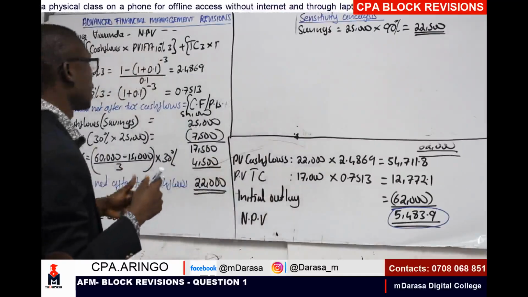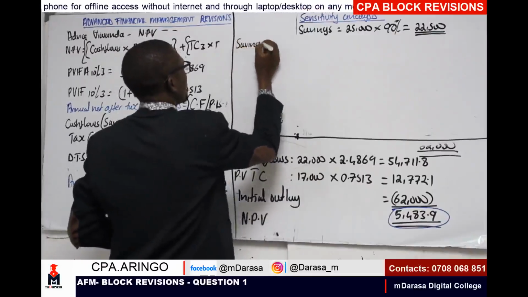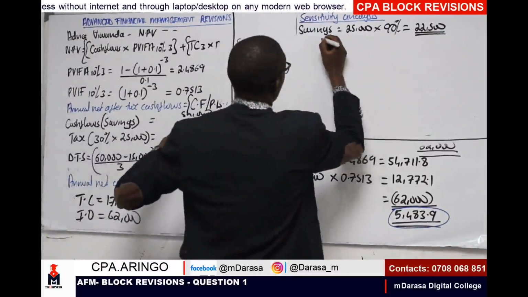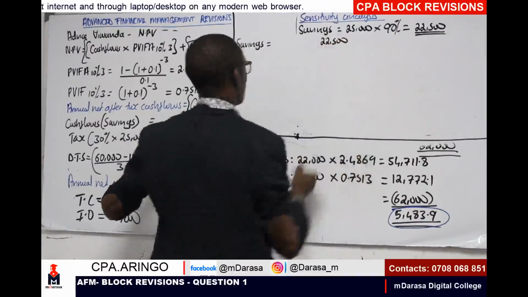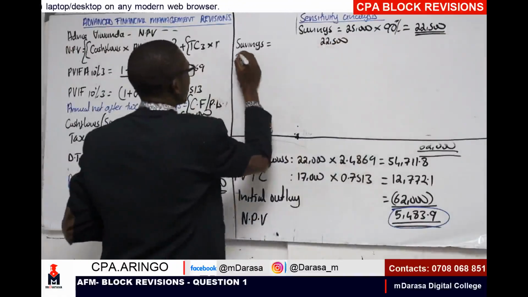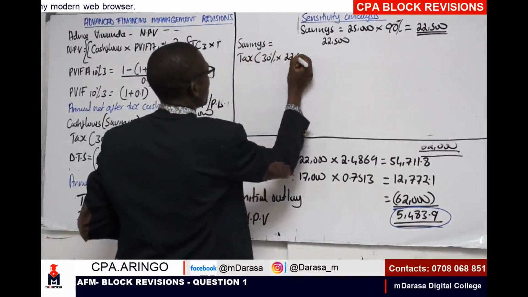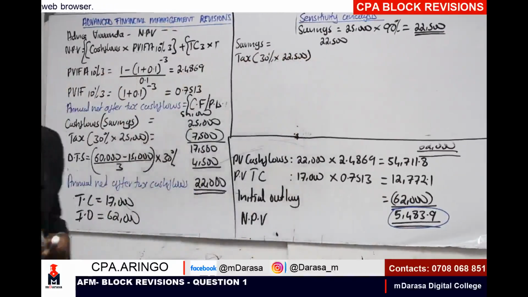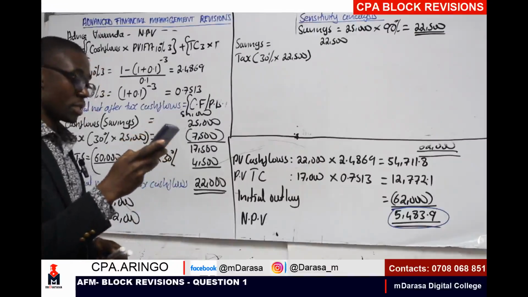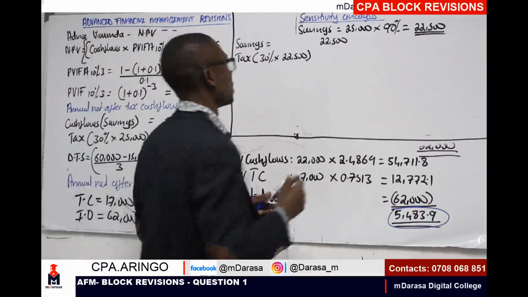So the same concept will apply. Our savings now will be 22,500. Right? My tax will be 30% times 22,500, which will give us how much? 0.3 times 22,500, which will give us 6750. So I'm having my tax 6750.